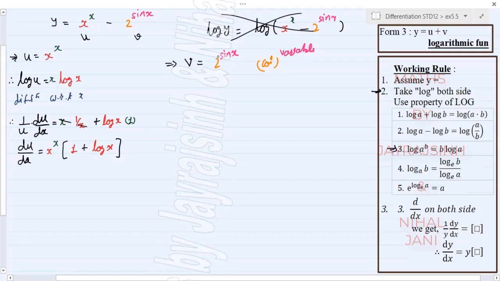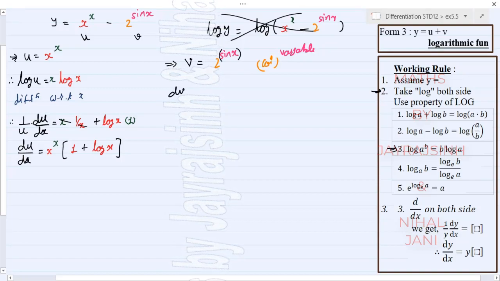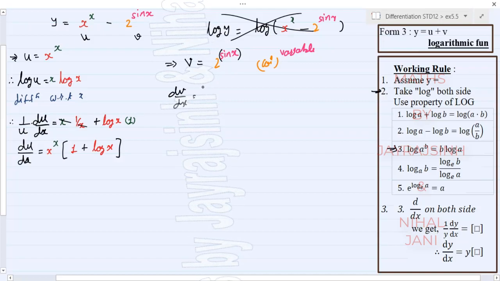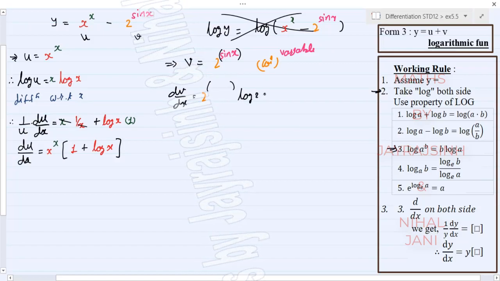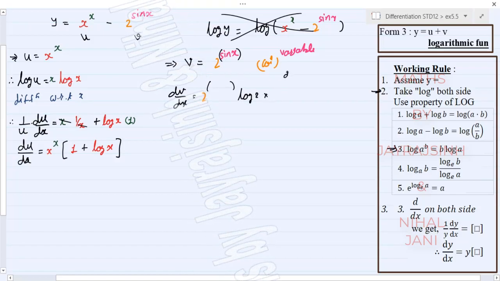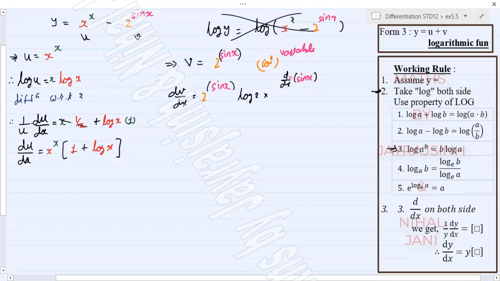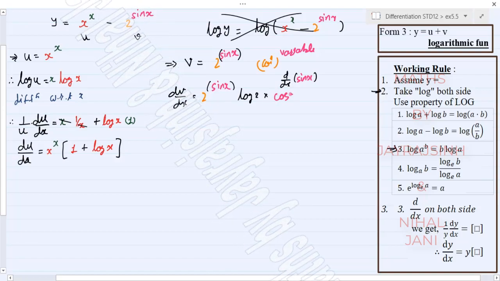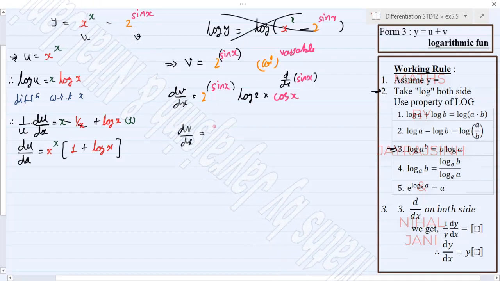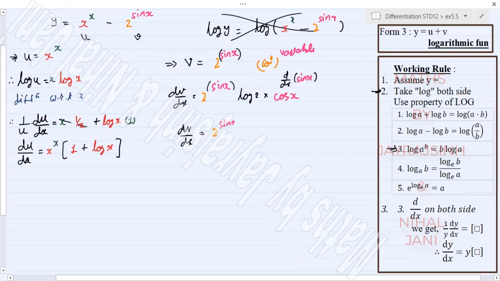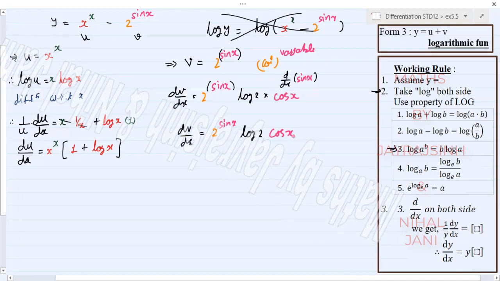So simply we have to consider box around the sin x, and we have to differentiate 2 raised to box, which is 2 raised to box log 2 into differentiation of box. Within the box we have sin x, so we just have to multiply differentiation of sin x, which is cos x. So we simply get dv by dx is equal to 2 raised to sin x into log 2 into cos x. Simple.